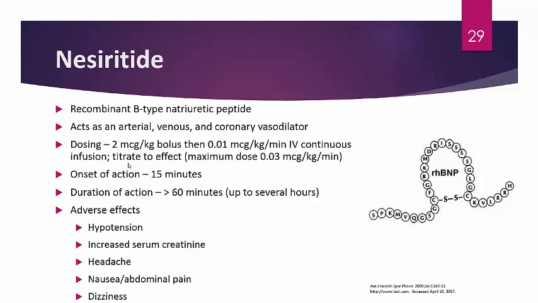Its onset of action is about 15 minutes with a duration of action greater than an hour and potentially up to several hours. Its adverse effects also include hypotension, unique to it being a potential increase in serum creatinine, headache, nausea, abdominal pain, as well as dizziness.